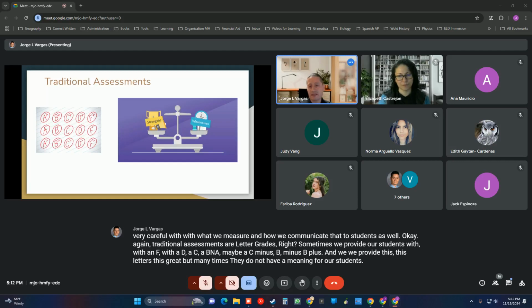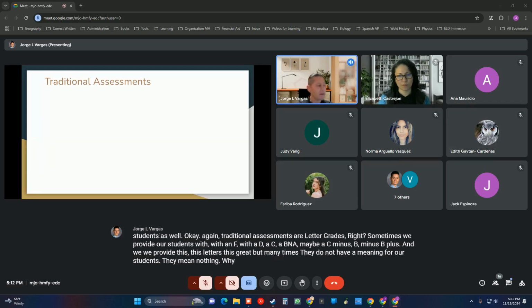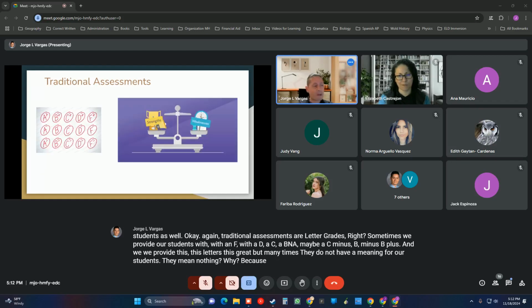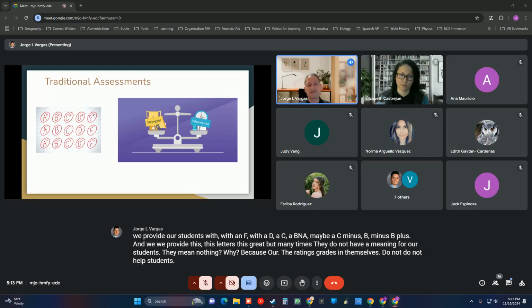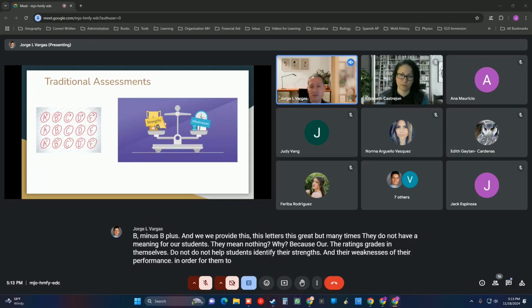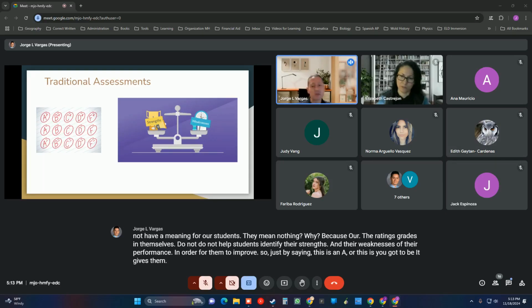Just by saying this is an A or you got a B, it gives them no feedback as far as what they need to improve on. A single letter grade is not going to help our students improve their language proficiency, and that's what traditionally we do. We give them a single letter grade with no other explanation.